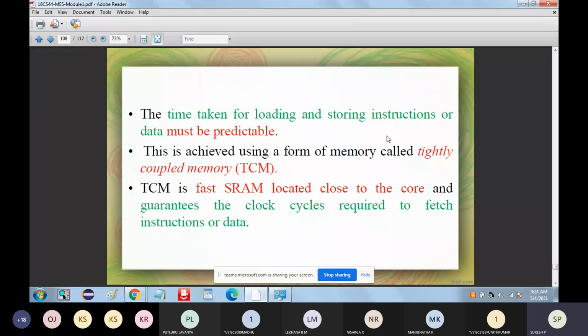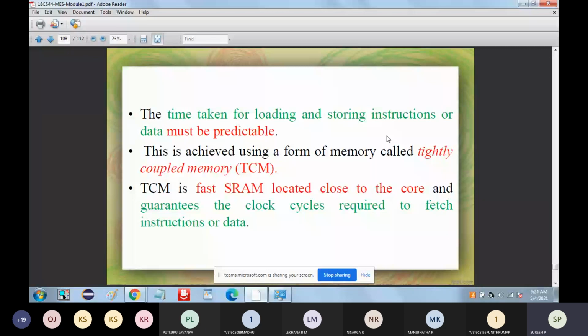First, bringing the data or instruction from the memory to the processor register, or sending the data from the register to the memory. Now, if I want more performance, then I should have the time to be predictable.